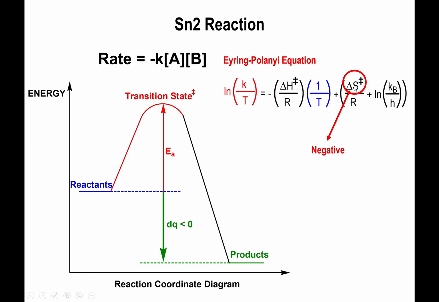And since this is an entropy term, if the changing entropy is negative, what this is telling you is that the entropy is decreasing as the reaction is progressing forward. And decreasing the entropy is the same thing as saying that you are creating a more ordered transition state.